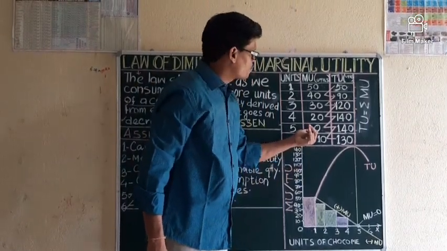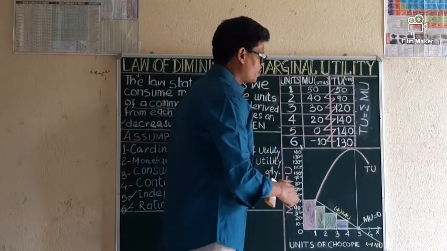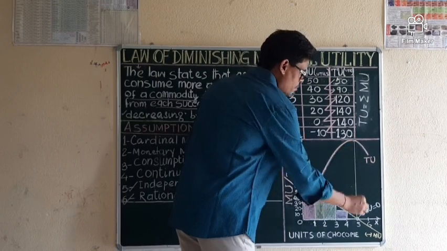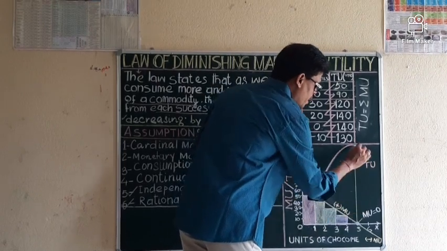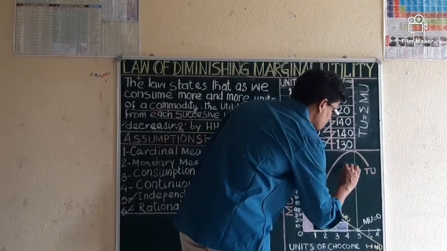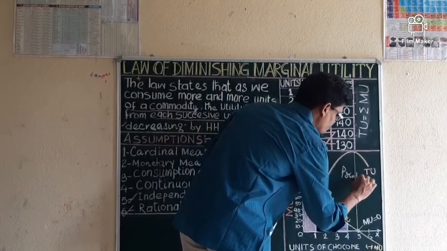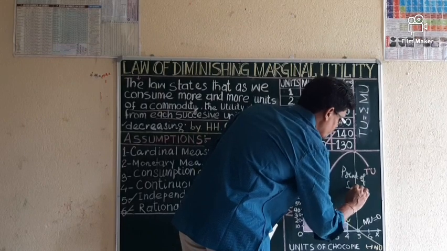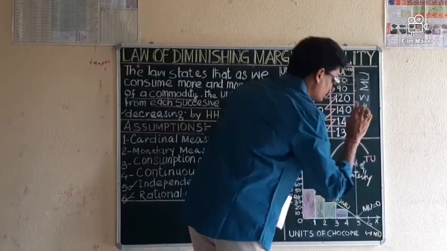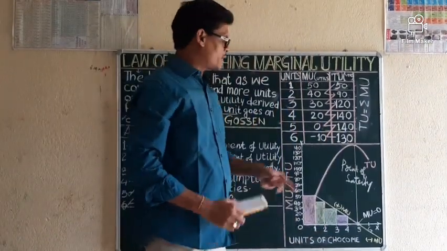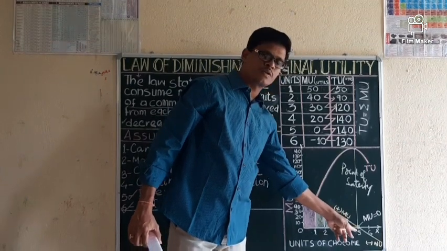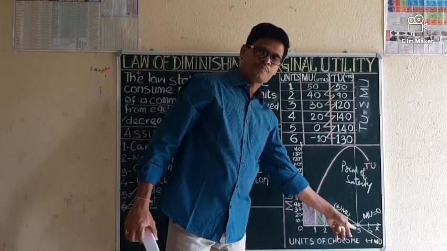So again, the total utility is 140. So here, the total utility is maximum and constant. Marginal utility is 0. Hence, this is the point of satiety. Point of satiety means the consumer gets maximum satisfaction over here when the marginal utility is equal to 0.